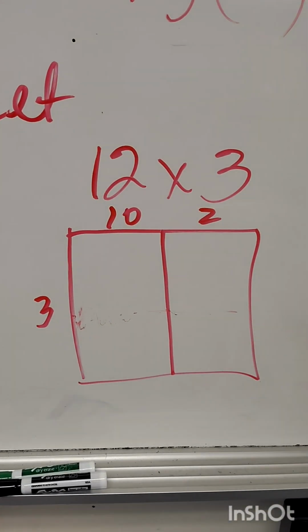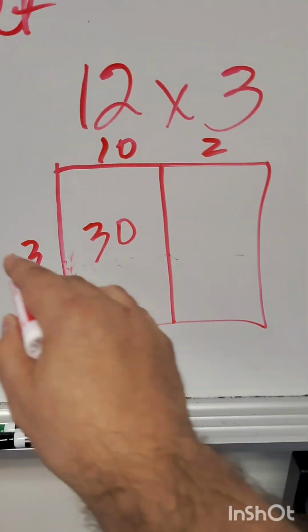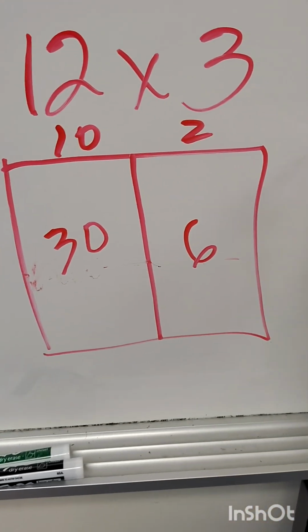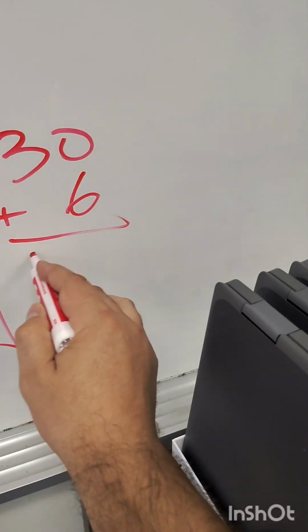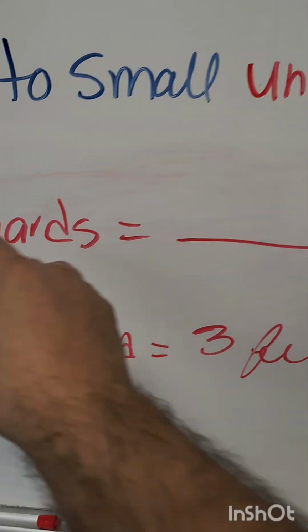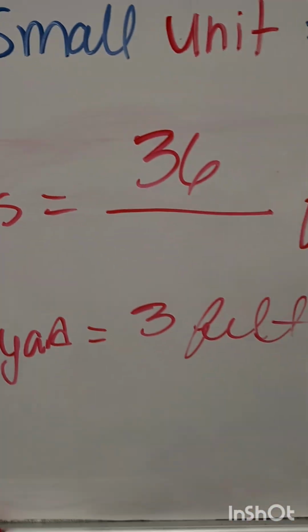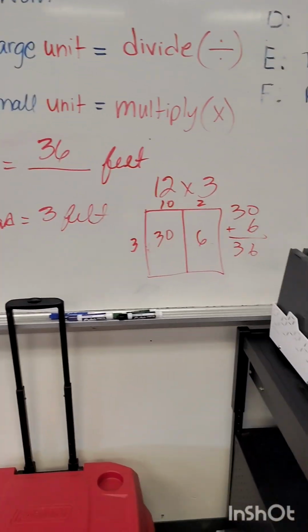It takes a little longer, but 3 times 10 is 30. 3 times 2 is 6, and you add those two, which is 36. So how many feet is 12 yards? 36 feet. So that's how that would work.